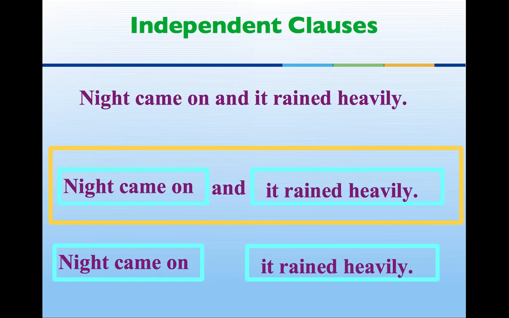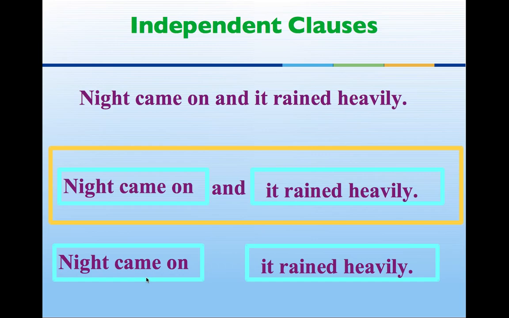If no confusion remains, it means this part can also stand on its own when we separate it from the sentence. So when a part of the sentence, which we call a clause, can stand on its own, we call it an independent clause.